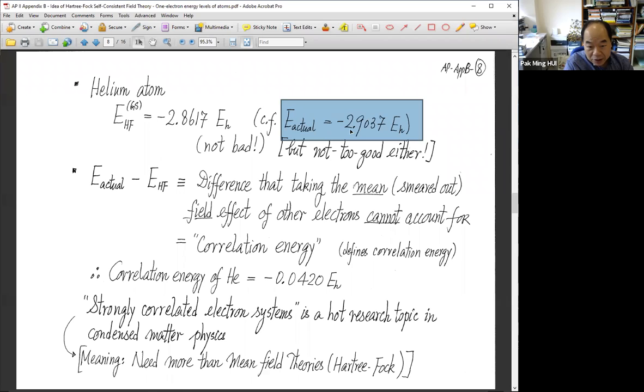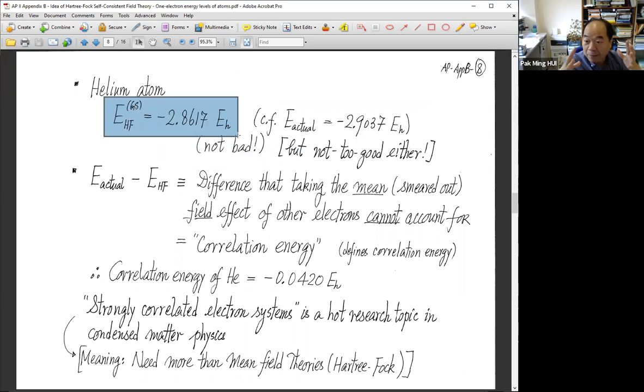So you see, it is really not bad if you do this single electron approximation to a two-electron atom problem. However, this is as good as one can do within this scheme. You cannot do better than that. You see that there is indeed a remaining difference, okay, that you cannot handle within this averaged field idea.